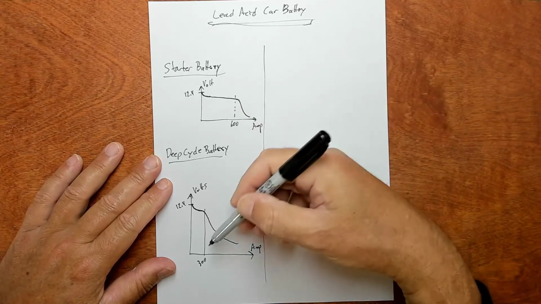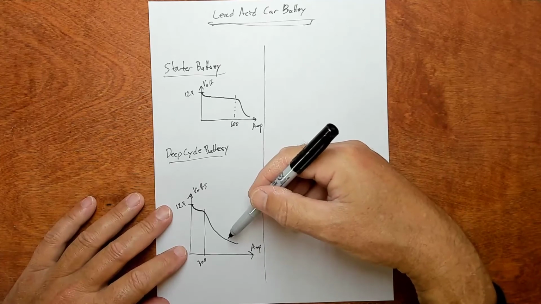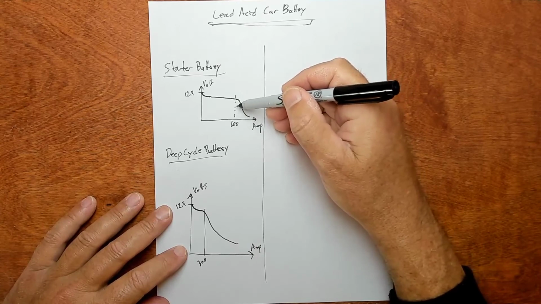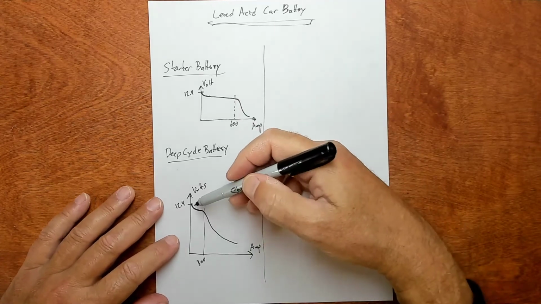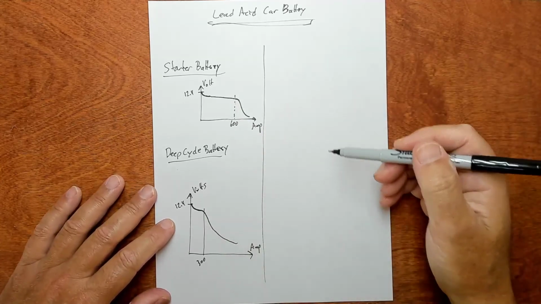But why would you want to use this deep cycle battery? Because they have more energy. The starter battery has a good voltage and current relationship, the deep cycle battery not so much, but the deep cycle battery might have more energy in it.